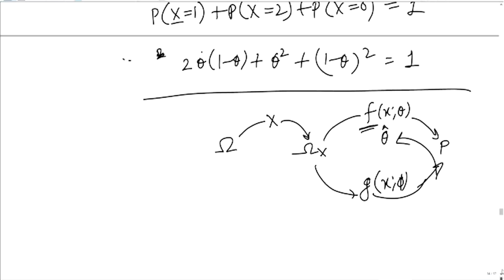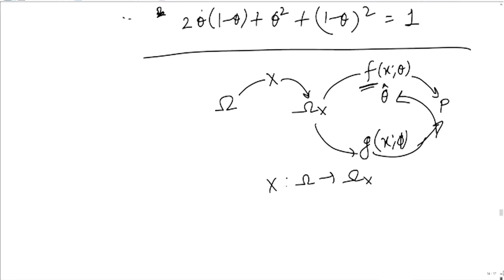Okay, a question. A random variable is a function, right? For a function you can define its domain and codomain. So what is the domain and codomain of a random variable when, let's say, you're tossing a coin 2 times? For a 2 times coin toss experiment, what is the domain and codomain of your random variable?